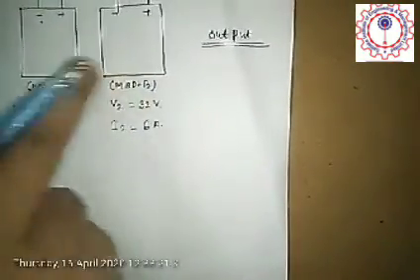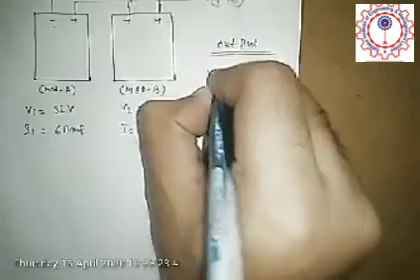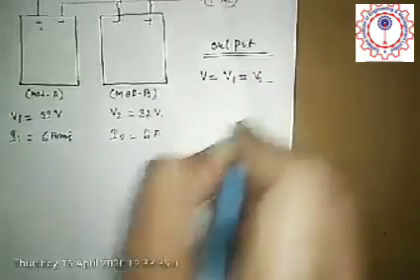What will happen if both modules are connected in parallel? The output voltage V equals V1 equals V2.